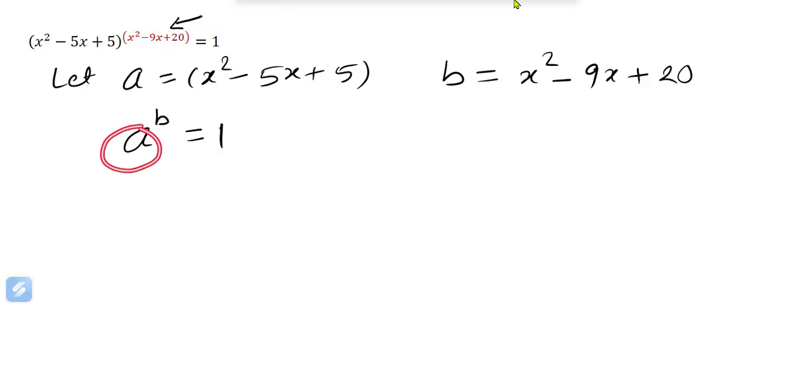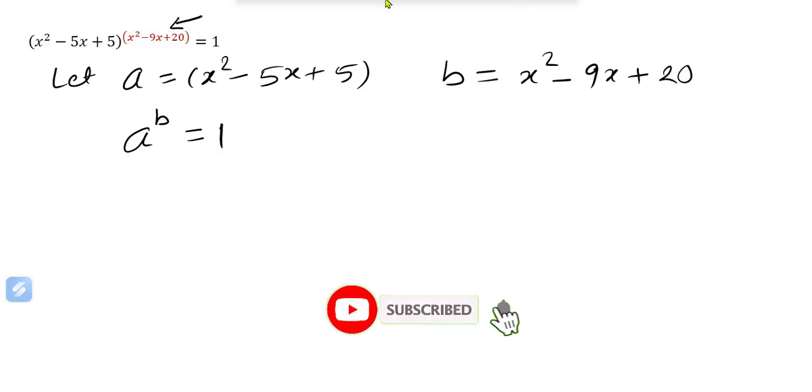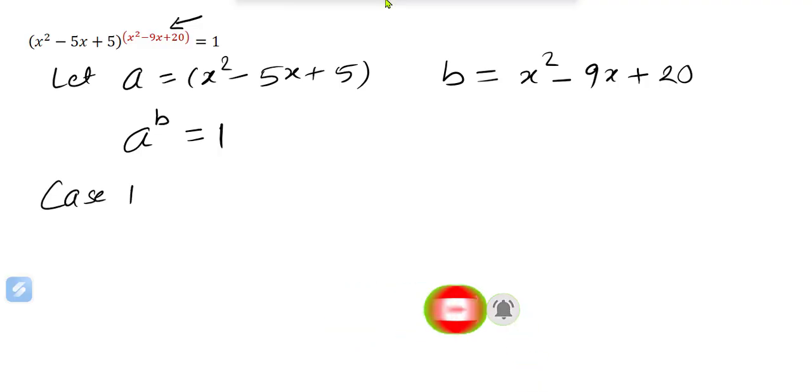Now a and b, if they are real numbers, then if the value of a is equal to 1, this will be 1. Let's suppose the case 1 where a is equal to 1. So this is the first case.